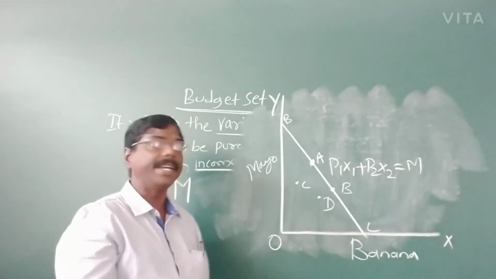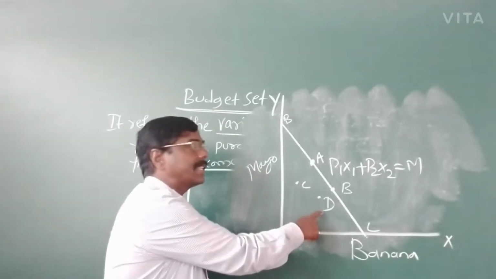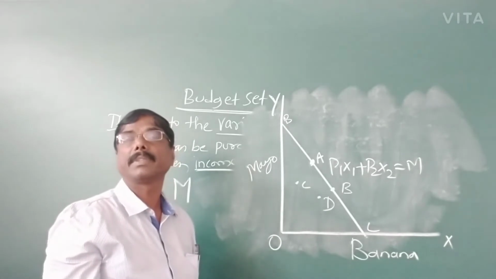If he buys C or D, it is less than his income.